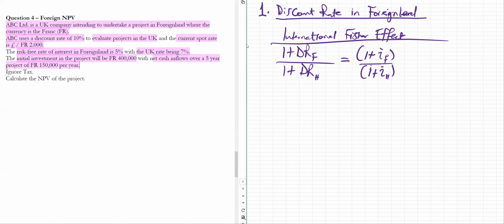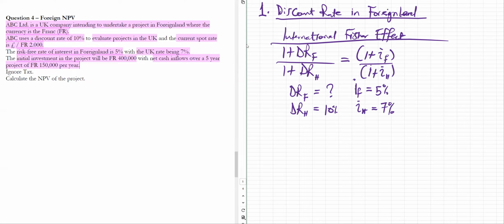The discount rate in the franc we don't know, but we know the discount rate in the home currency, which is the UK, is 10%. The interest rate in the foreign currency they gave us as 5%, and the one in the home currency, the UK, as 7%. Risk-free rate.